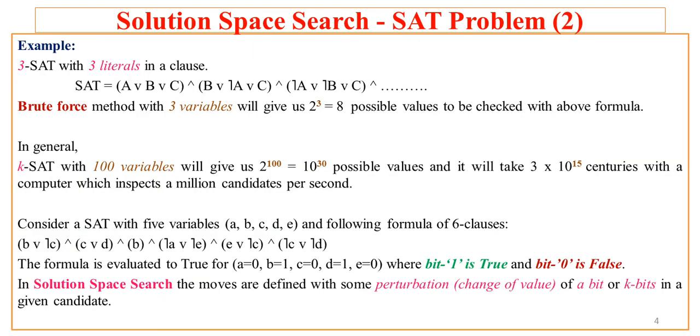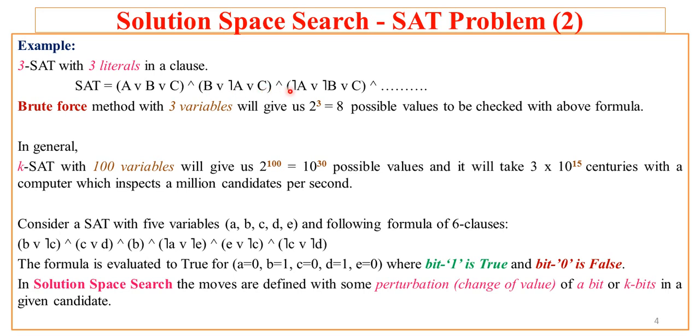Let us now see the other variations of SAT. Here 3-SAT has 3 literals in a clause. For example, if we have a SAT which is represented like this. The first clause has 3 literals, a or b or c, and the second clause also has 3 literals, that is b or negation of a or c.